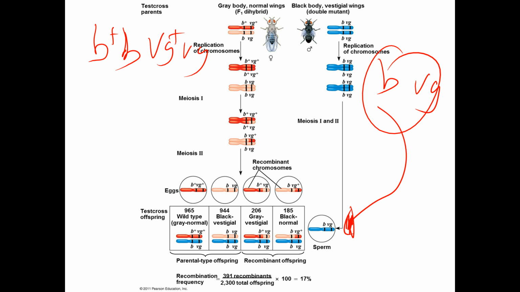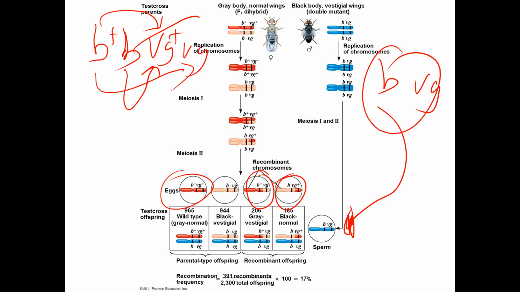So here you can get a couple of different combinations. You can get gray body normal. You can get gray body vestigial. You can get black body normal. And you can get black body vestigial.